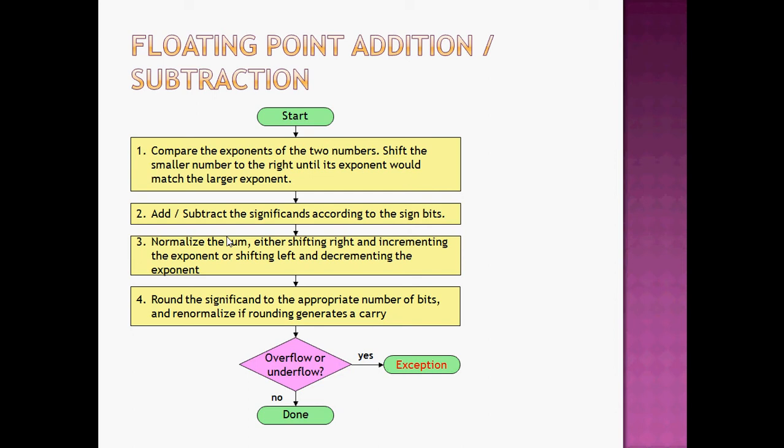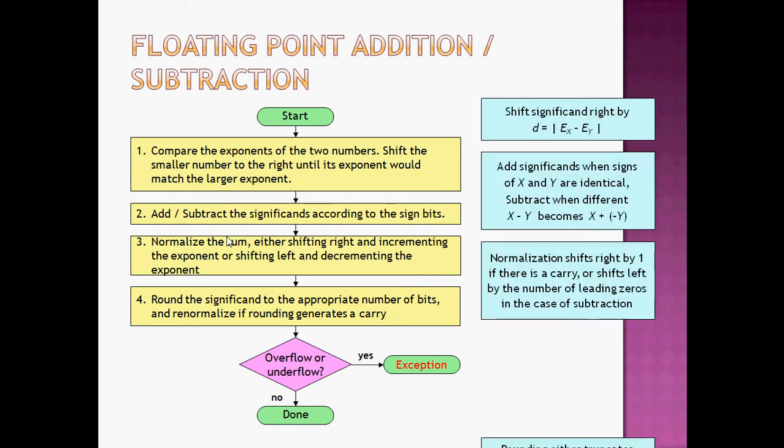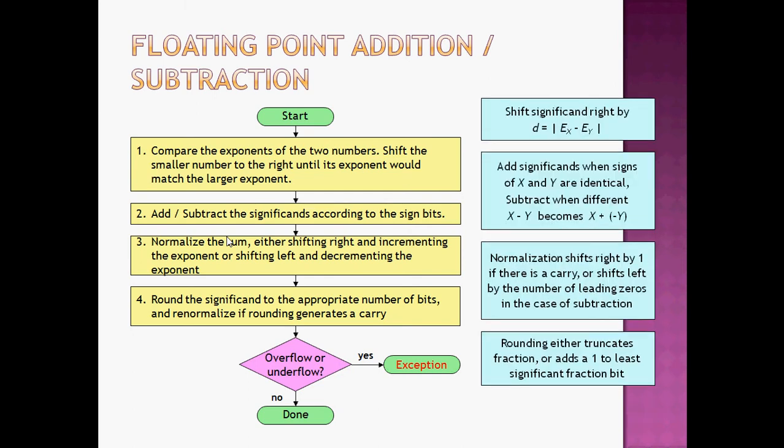Now let us check whether the output is overflow or underflow. If yes, it's an exception. If no, it's done. Here are some notes that we must follow during this algorithm. Shift the significand right by d equal to ex minus ey, where ex and ey are the exponents.